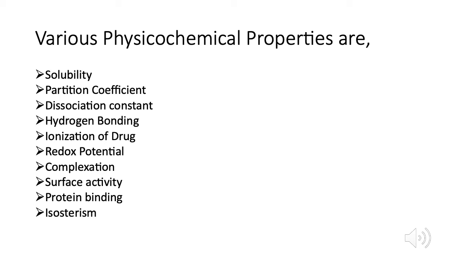Things like solubility, which is probably the one at the top, partition coefficient, dissociation constant, hydrogen bonding, ionization of the drug, redox potential, which is also important, complexation, surface activity, protein binding, and isosterism.